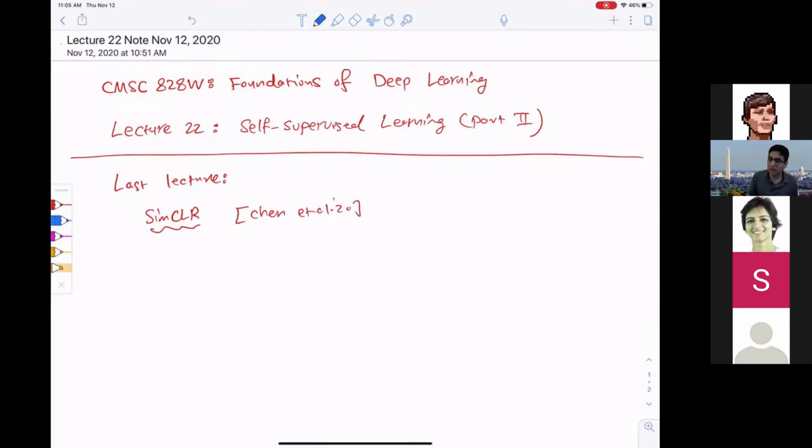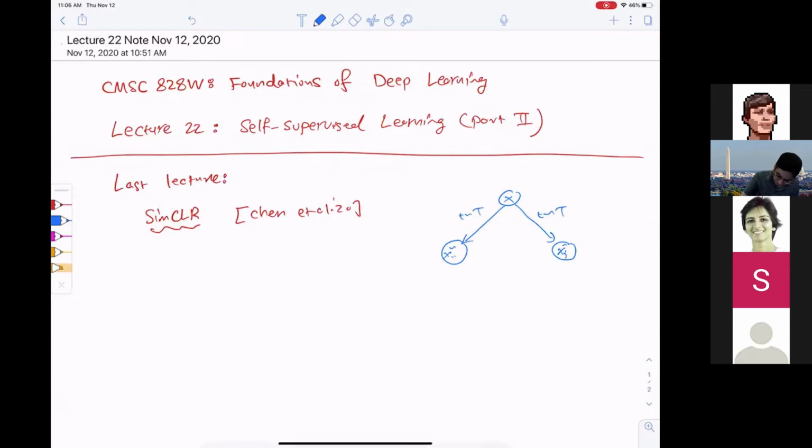And the framework is that you start with an image, X, then you look into two views of this image from one augmentation family, say xi tilde, xj tilde. So these are two correlated views.